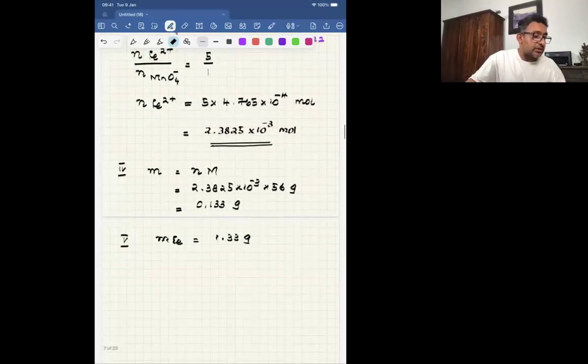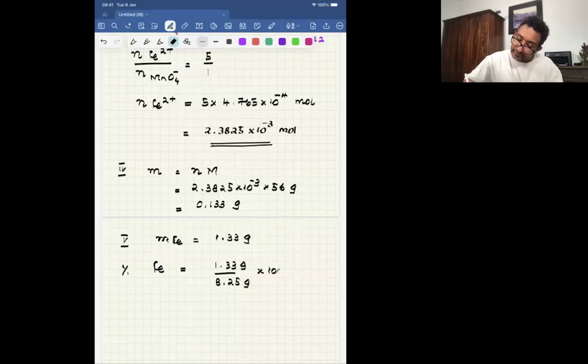Calculate the percentage of iron in the salt. Percentage of iron in the salt is 1.33 divided by what is this? 8.25 grams, multiplied by 100%.